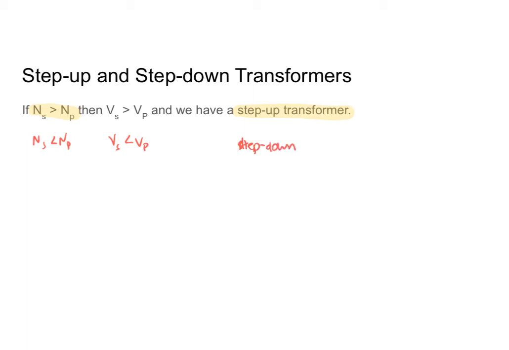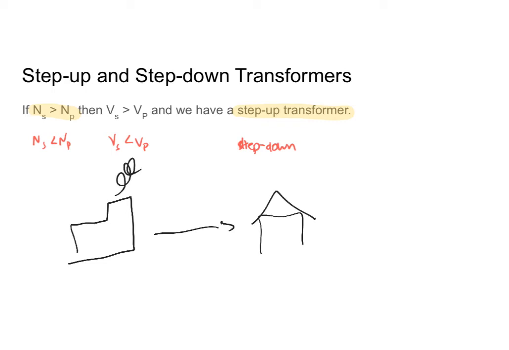So why does this all matter? Well, the real thing to know is that when we are looking at moving our currents around, so when we want to go from our power station to our house, we want to make sure that as little power as possible is lost in the electrical wires connecting the two.